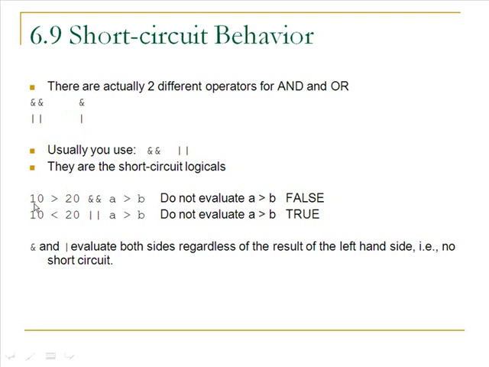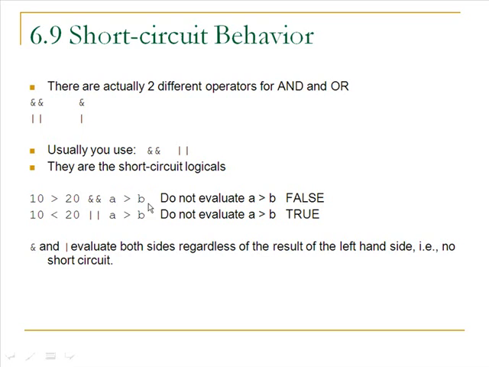Well, let's look at an example to understand it. 10 is greater than 20. Is that true or false? Well, it's false. Now we have false and something else. False and anything is going to be false. So we already know the answer when we've evaluated only the left-hand side.